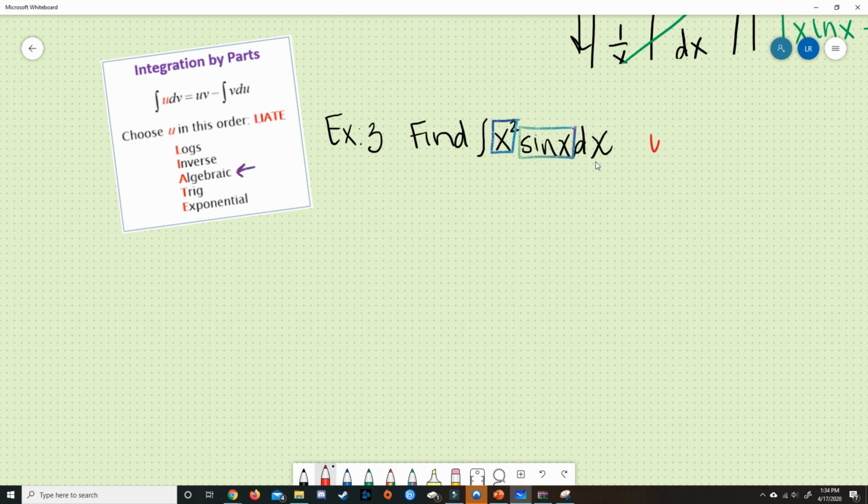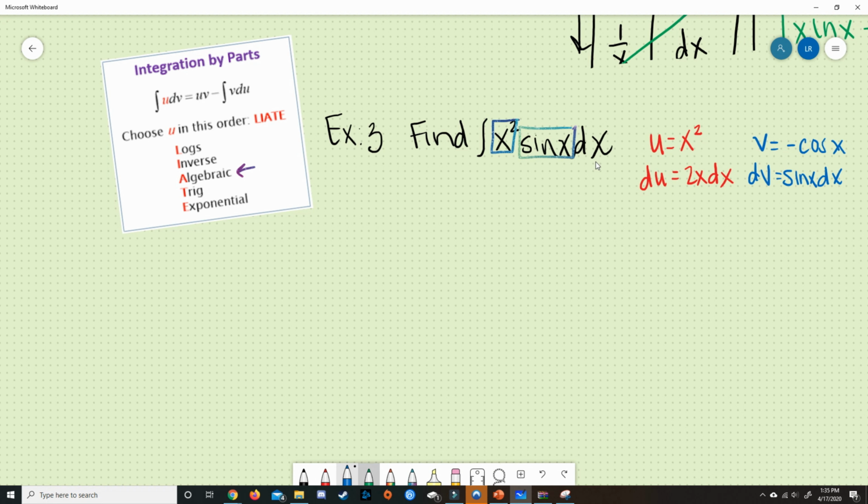So let's say u is x squared, which makes du 2x dx. And if x squared is our u, then our dv has to be sine of x dx. And the integral of sine of x is negative cosine of x, because the derivative of negative cosine of x is sine of x.